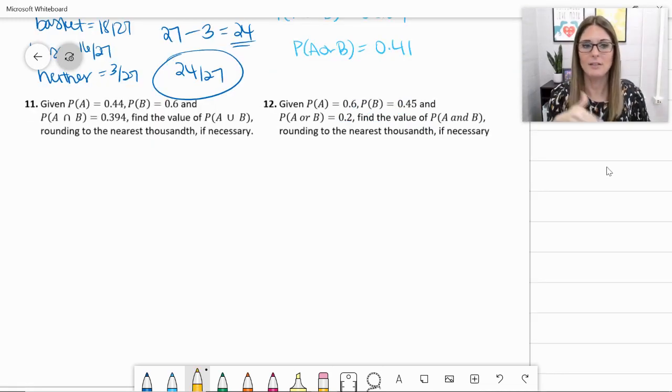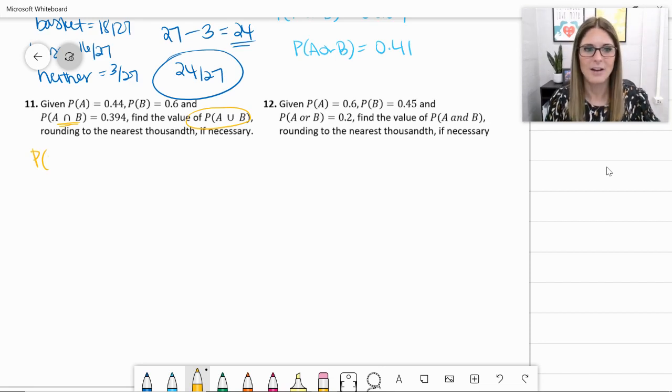They've given me the probability of A, probability of B, probability of the intersection. Now, what is that? Probability intersection right there. That's and. Intersection is and. Find the value of probability of A union B. That's A or B. So let's rewrite it a different way.